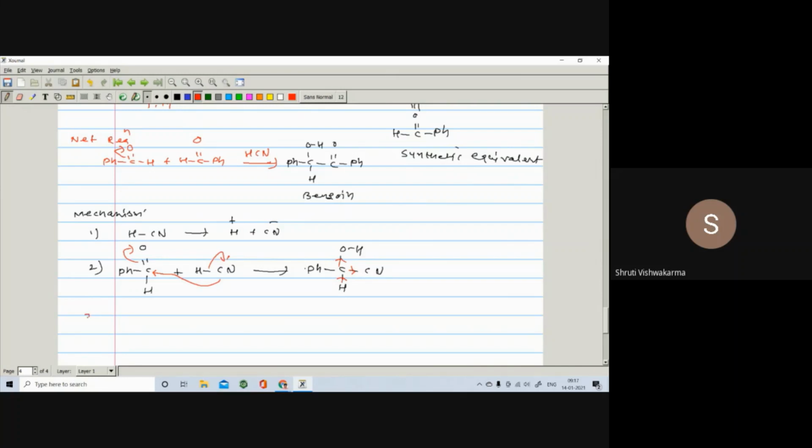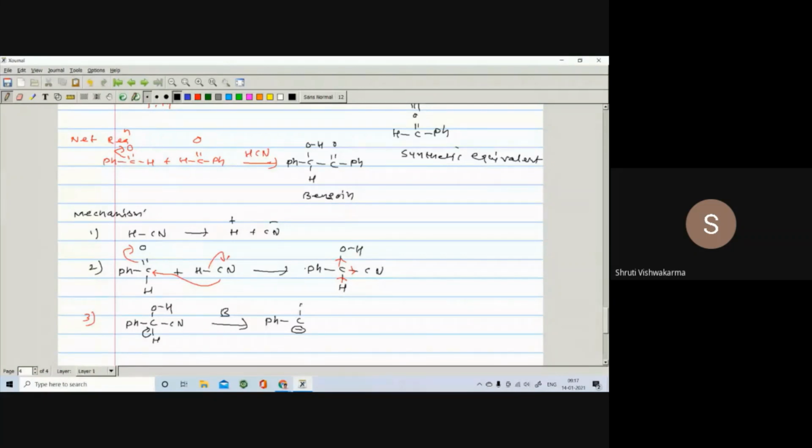So in step 3, the compound PhC(OH)(H)CN reacts in the presence of base. Here CN also acts as a base. This sigma bond shifts, and there is a formation of C negative, the corresponding carbanion.